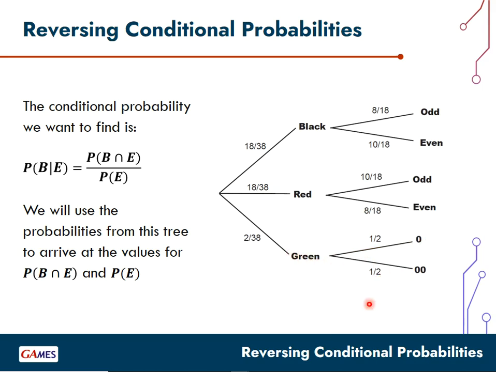Can we use these probabilities to arrive at these other ones? That's the goal. By doing that, we'll be using conditional probabilities and these prior probabilities to arrive at the value of this reverse conditional probability. I hope that makes sense.